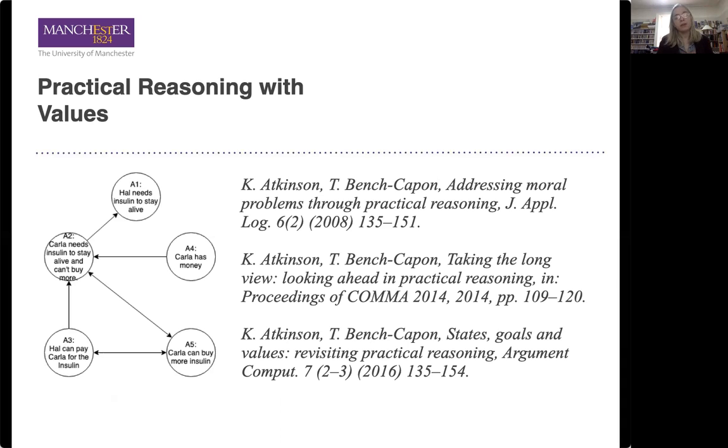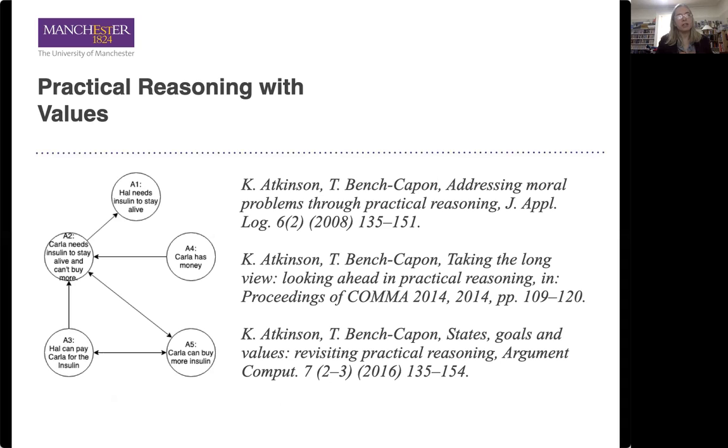And one thing that Katie and Trevor have done is that they actually have what they call schemes for the arguments that can go into these nodes. And in particular, the schemes talk about which values those arguments promote or demote. So there's this value of preserving life. So A1 is promoting this value of preserving life.